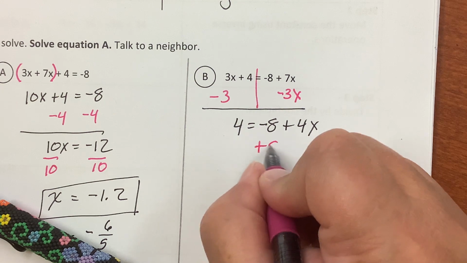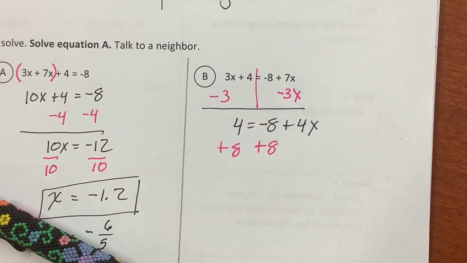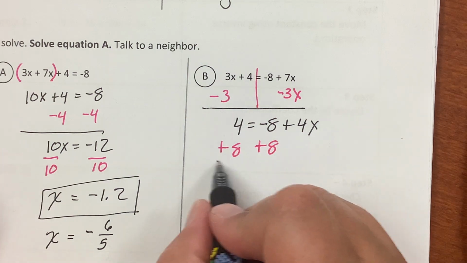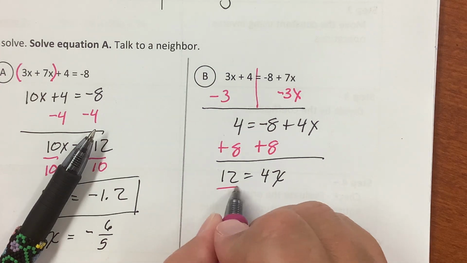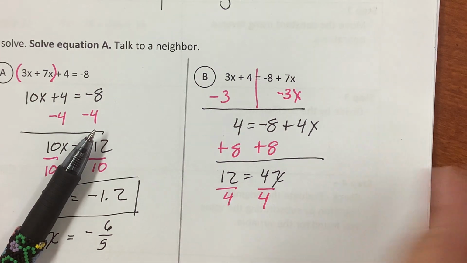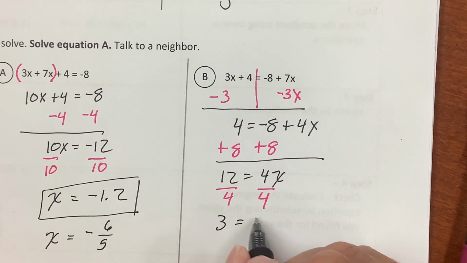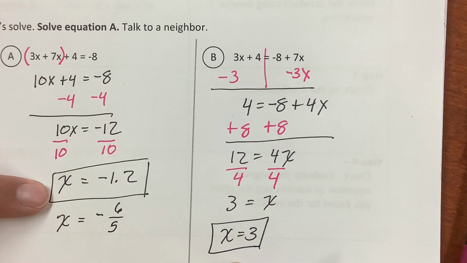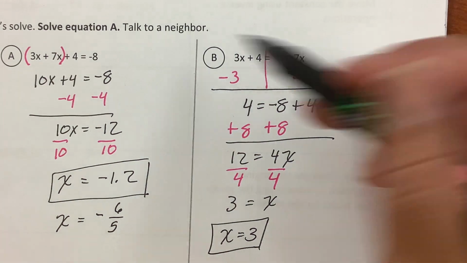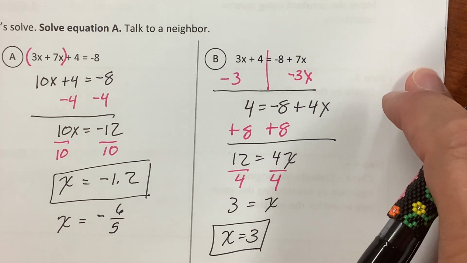Add 8 to both sides, and I get 12 equals 4x. Divide both sides by 4, and I get 3 equals x, or x equals 3, which I like better. Now, looking at this, you'll see having the variable on opposite sides gave me completely different answers, which is fine. In the end, where your variables are in the equation is going to matter a lot.